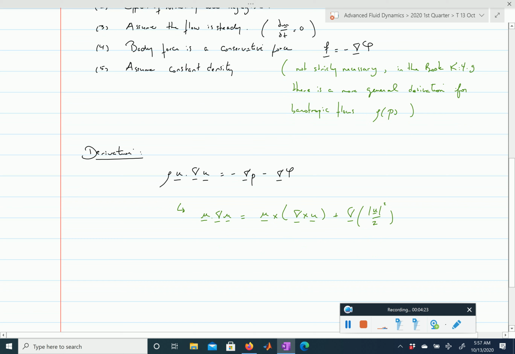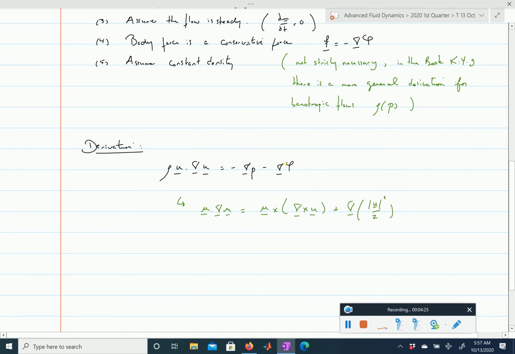But this formula allows me to rewrite the momentum equation. Now, this is my momentum equation here. I'll keep this term on the left-hand side, and I'll move this term to the right-hand side, and I'm moving these two terms on the left-hand side, and this then yields rho times the gradient of the norm squared of the velocity divided by 2, but we assume the density to be constant, therefore I'm just going to put the density here, plus the gradient of P plus the gradient of our force potential is equal to this vector here.